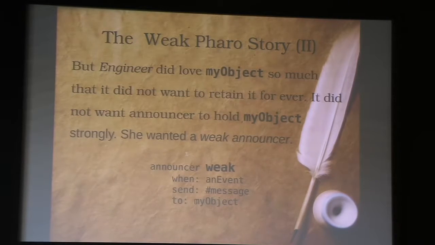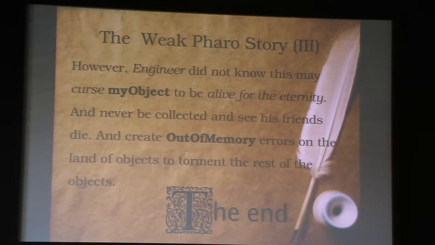The only thing that changes between the code before and now is this weak message. However, engineer did not know that this may cause my object to be alive for eternity and never be collected, and see his friends die and create out of memory errors on the land of objects to torment the rest of the objects.